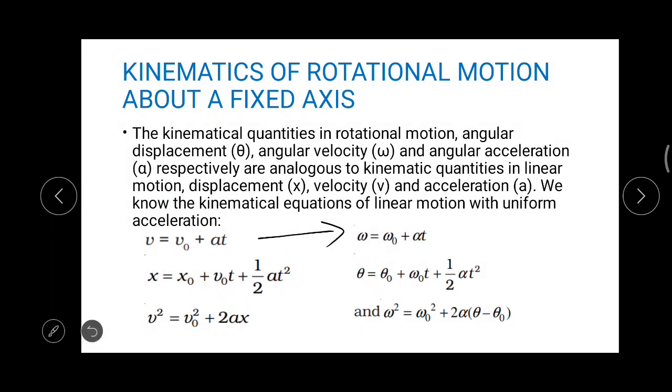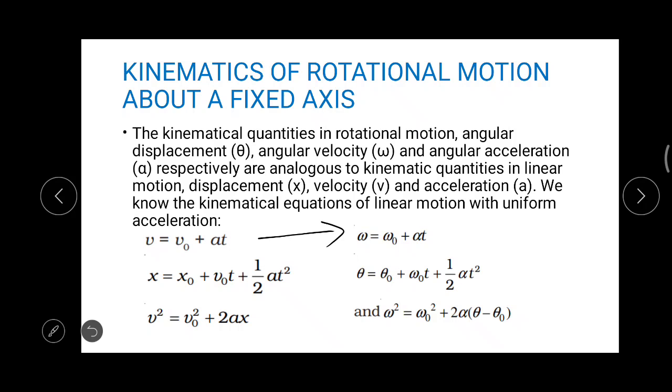Here instead of x we use theta, the angular displacement. Theta is equal to theta 0 plus omega 0 into t plus half into angular acceleration alpha into t square.